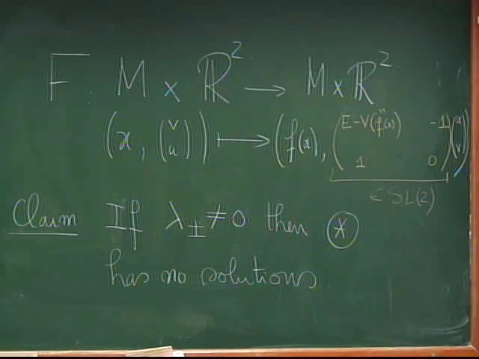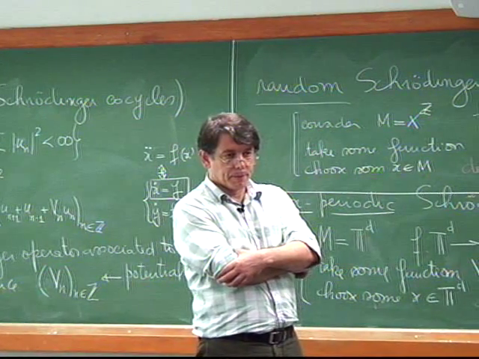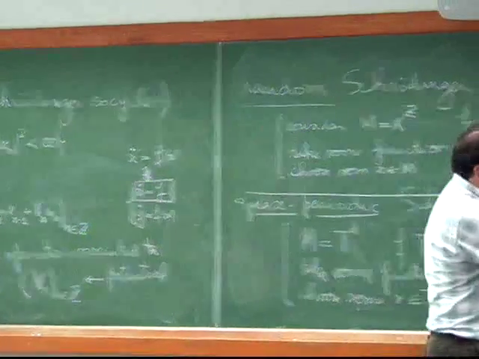So, using the methods that we are going to develop to study linear cocycles, if we are able to prove that the exponents are different from 0, then there are no solutions to this equation.